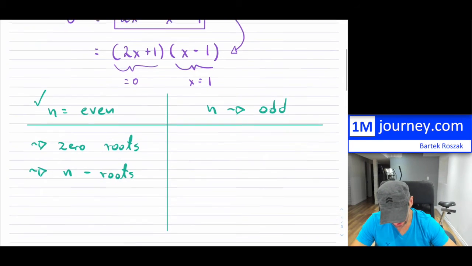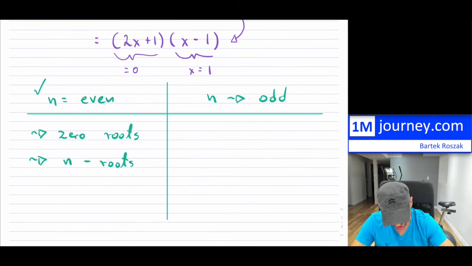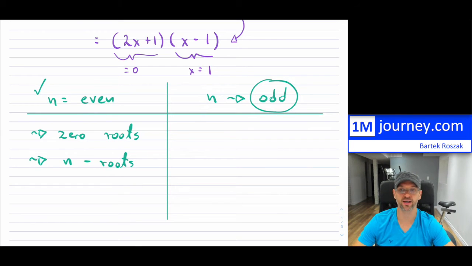Now, is it possible, if the degree of the polynomial is odd, to have 0 roots? Well, let's think back to the range that you learned. If you forgot, I'll put up a link above to review that for polynomials. The range is the entire number line for all odd polynomials.